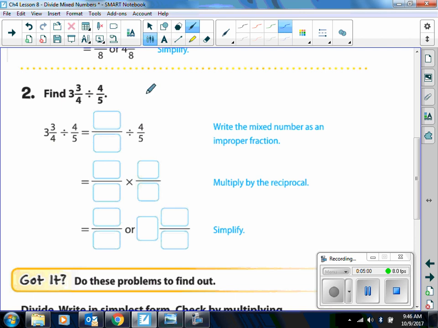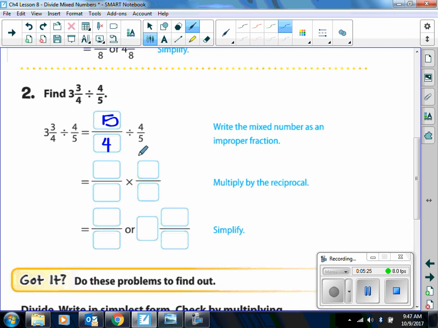For example 2, it says find 3 3/4 divided by 4/5. So the first thing we're going to do is change this mixed number to an improper fraction. So that's going to be 3 times 4 is 12, plus 3 is 15, and that goes over 4.